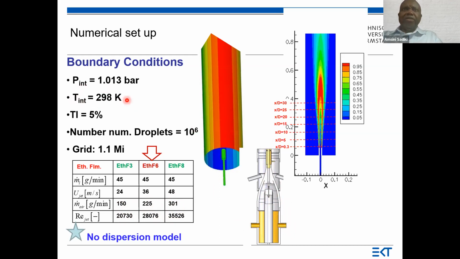We use this quantity as inlet temperature, and the turbulent intensity was 5%, and the grid is so much, and the number of parcels was 1 million. We provide results at these different axial positions, from 0.3 to 30 diameters.